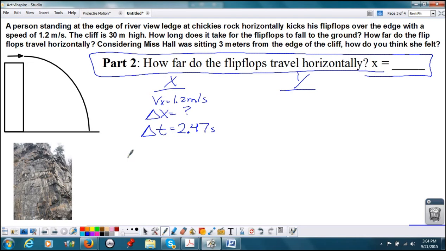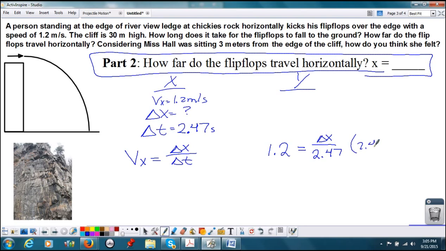So go to our equation sheet. Average velocity is equal to the change in displacement divided by the change in time. Substitute in: 1.2 meters per second is equal to the change in displacement over 2.47 seconds.